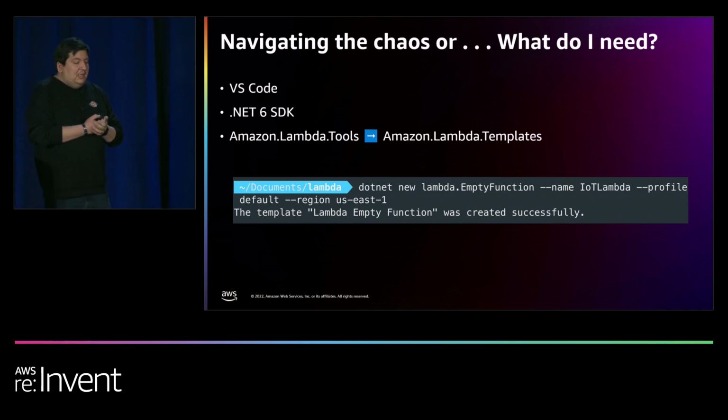First, you need an IDE. It could be Visual Studio Code, it can be Visual Studio, it depends on you. If you like visual stuff, Visual Studio is clicks, and it's really easy to complete. But if you are a VS Code person, maybe you can use the CLI that we have. You just need the .NET 6 SDK and Lambda tools.